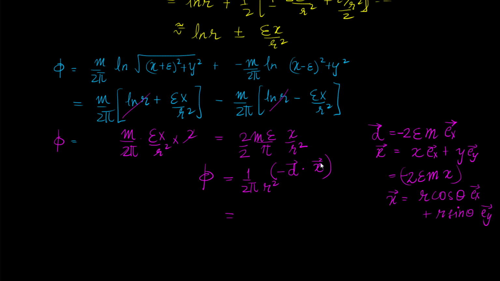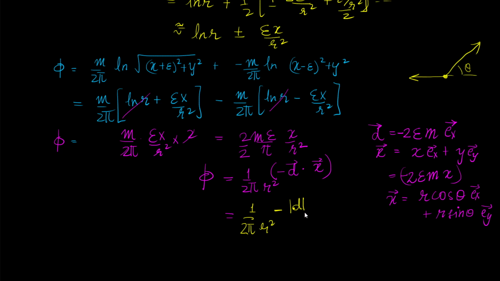And using this, the dot product can be written as 1 upon 2 pi r square times minus magnitude of d. So basically the dipole vector is in this direction, but the x vector is in this direction. So the dipole vector is in the opposite direction of x.